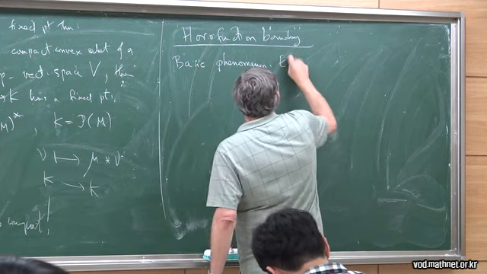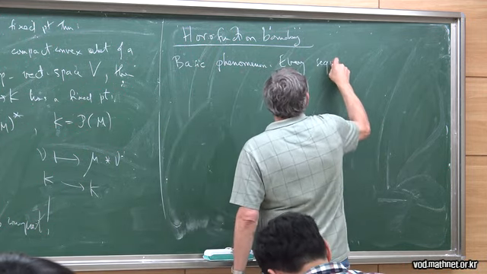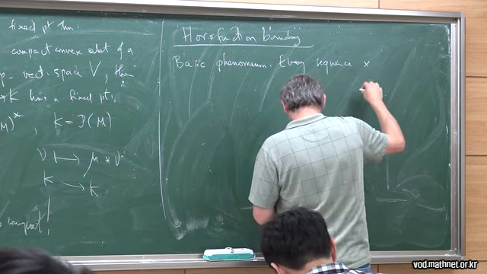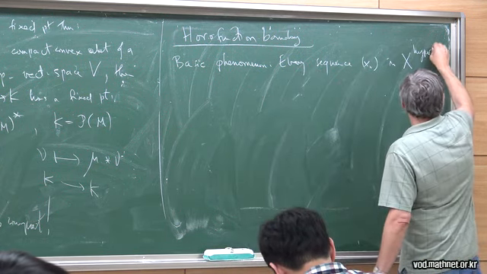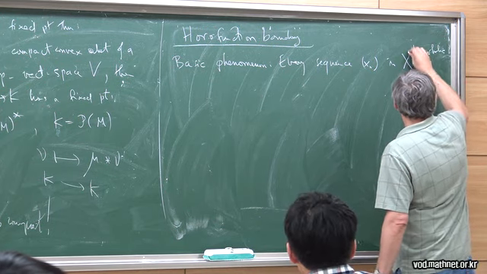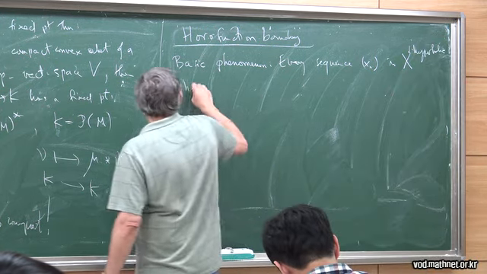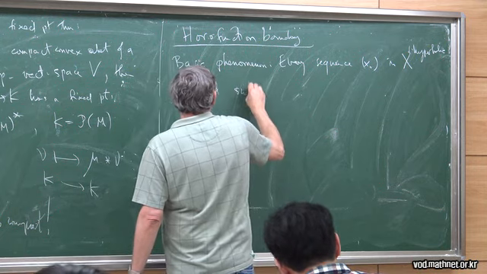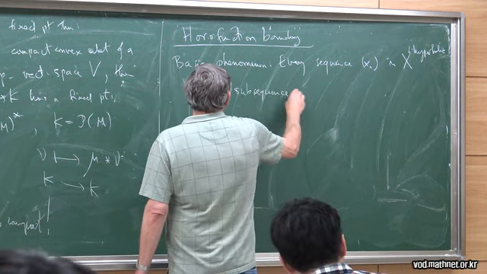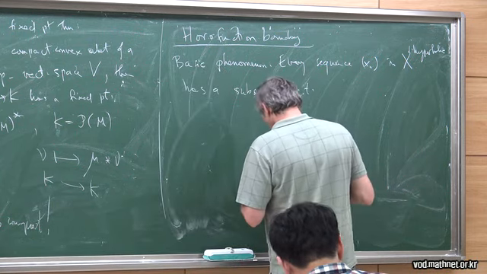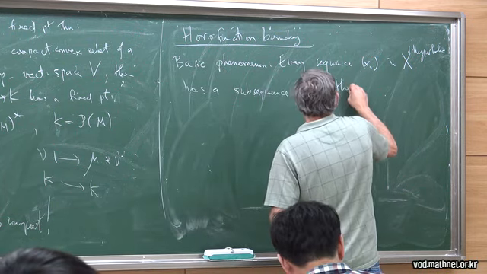Every sequence x_n in X, a delta hyperbolic space, has a subsequence so that one of the following holds.